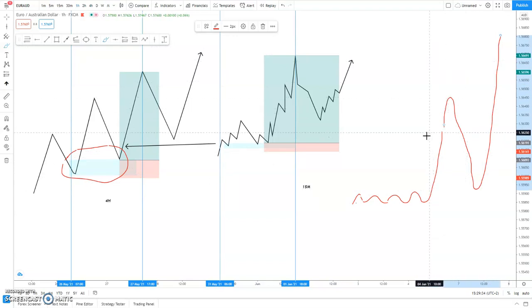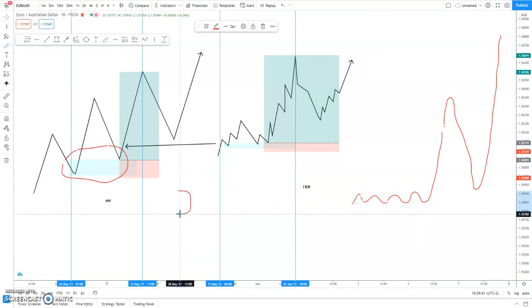Within a 4 hour demand or supply zone, you will definitely find a 15 minute or 5 minute demand or supply zone.